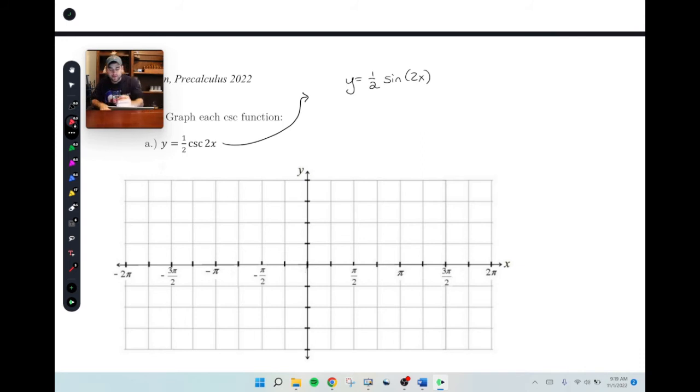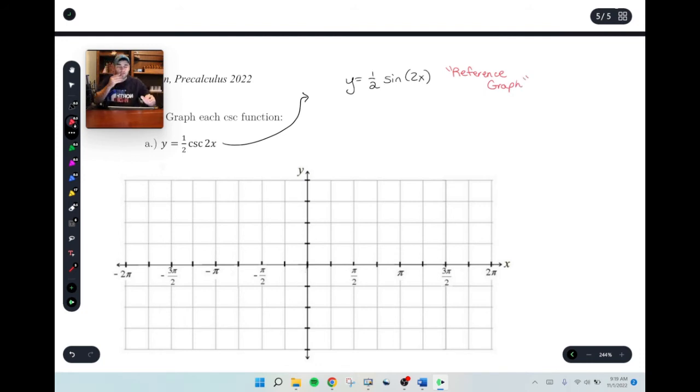So let's call this, for our sake, a reference graph, and I'll do it in red so we don't get mixed up about the colors. We know where sine starts, right? And we know that this sine has an amplitude of 1/2 because that's sitting out front. So let's just call this 1/2, which makes this 1, right? Then remember when we did our sine, we drew a dotted line right there.